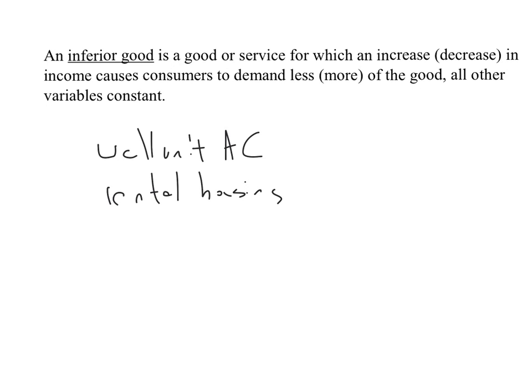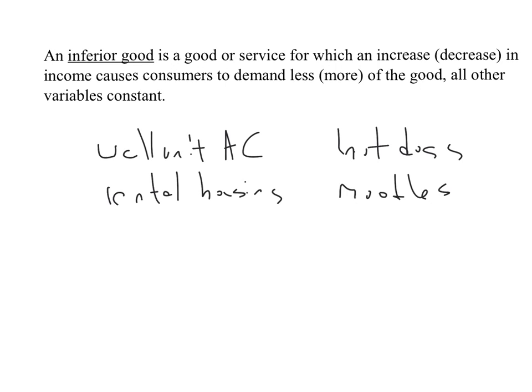Certain types of foods, like maybe hot dogs, ramen noodles, Spam, canned meat. These are all goods that if your income were to increase, your demand for these goods would fall.